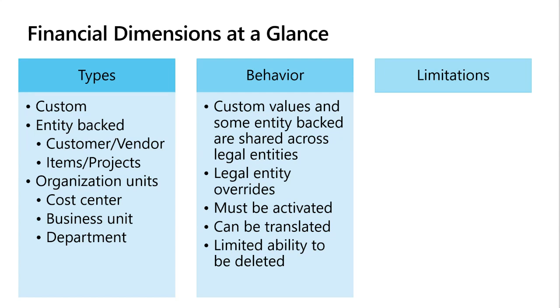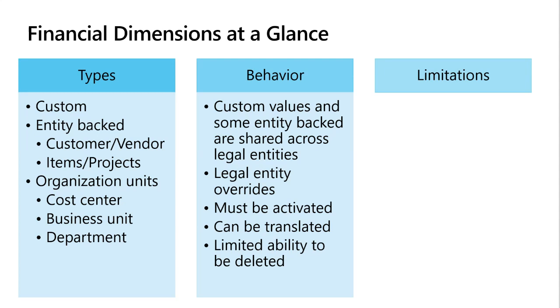For example, if customer group is a financial dimension and customer group ABC exists in multiple legal entities, each of the values is unique to its legal entity, even though they share the ABC value. The simple explanation of why this is true is because each of them is a different record in the customer group table with a different record ID value.